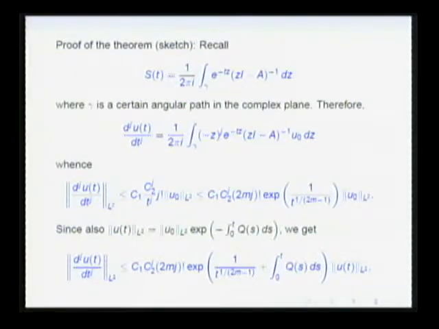So if you take the semigroup, you can explicitly compute it from the operator A using the resolvent. Gamma is some suitable angular path in the complex plane. The key is to compute the derivatives in time.